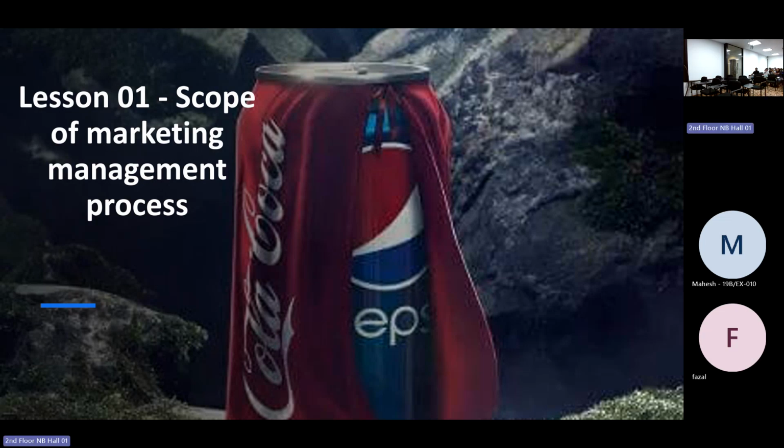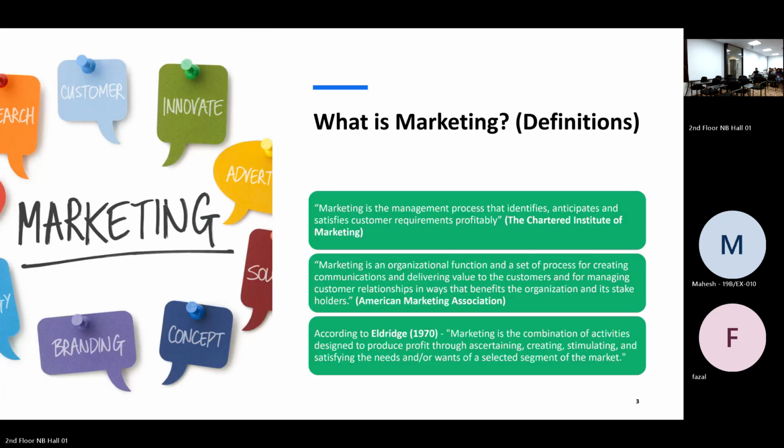The same definitions are there in the slide as well. Identify the key terms.